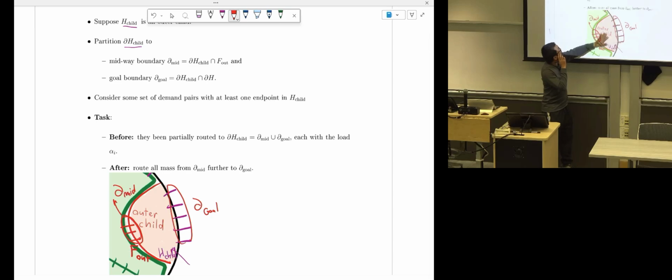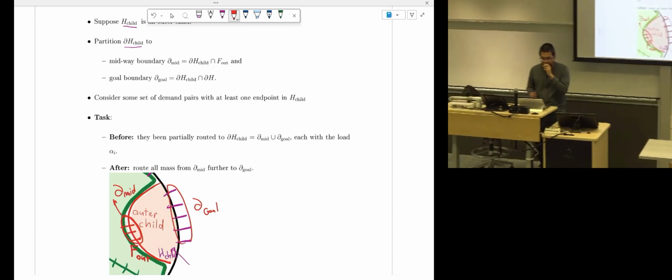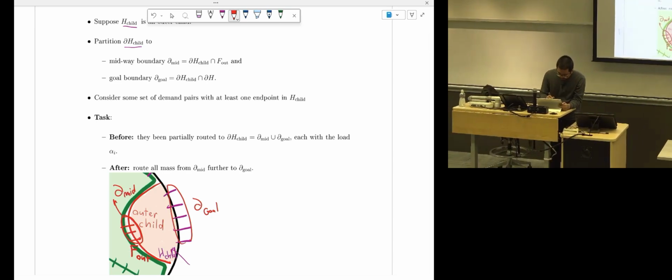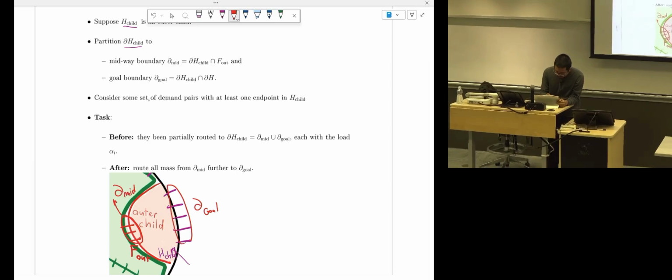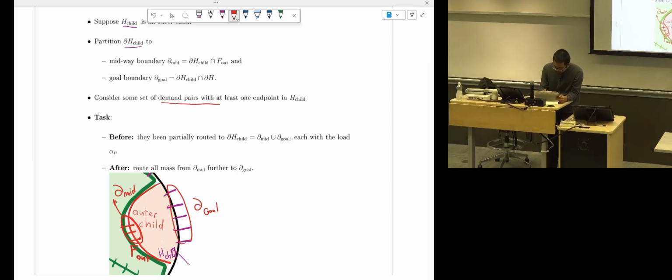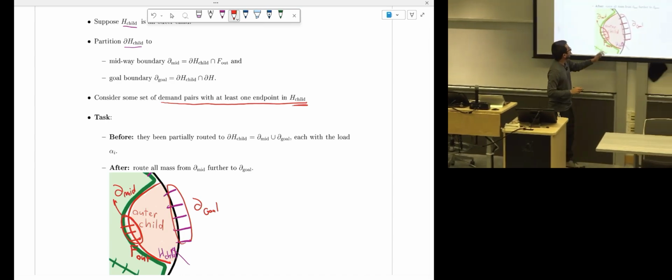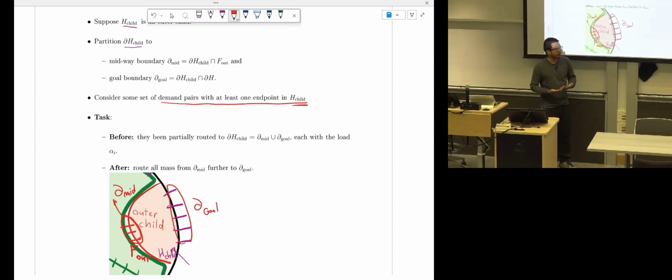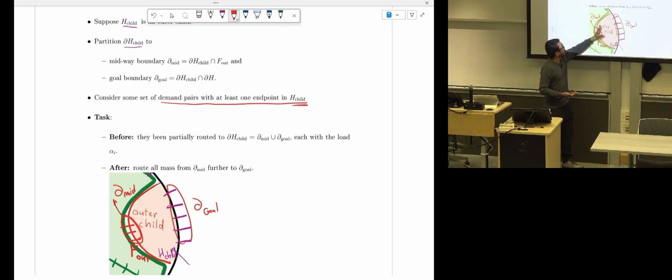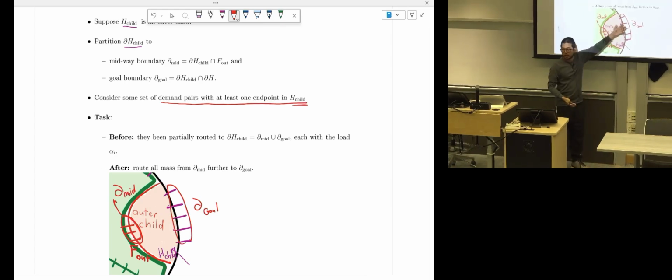So what we have so far is that now consider the demand pairs where at least one endpoint is inside HR. What's the task that we need to do? In the beginning, some flow has been sent to the battery of HR.